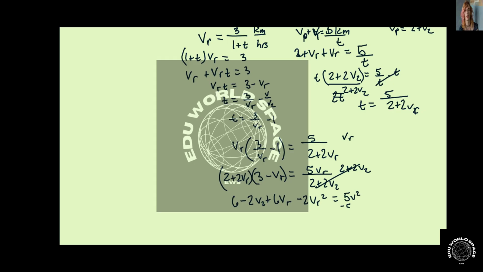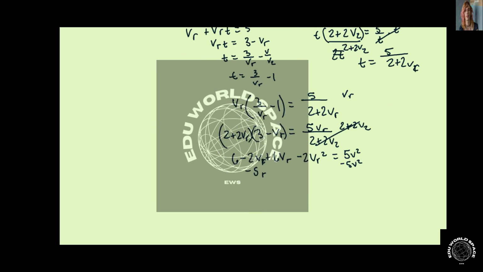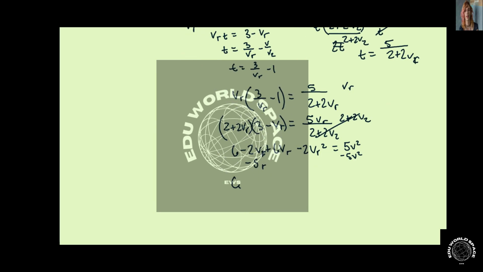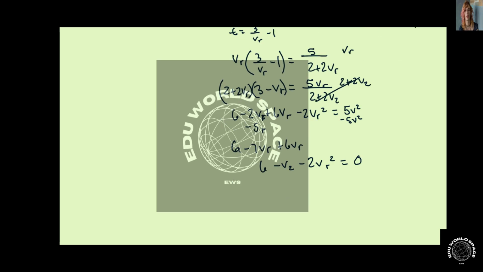So if I subtract this 5 VR, we have 6 minus 7 VR plus 6 VR, giving us 6 minus VR minus 2 VR squared equal to 0. VR, I apologize, I keep writing the 2.